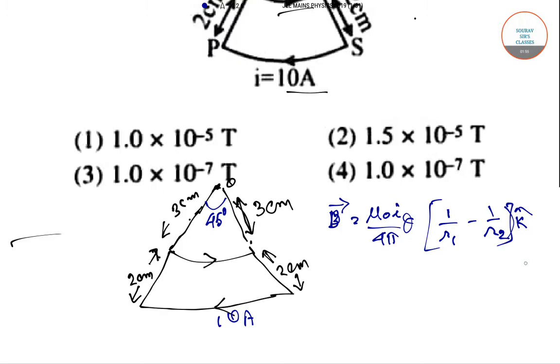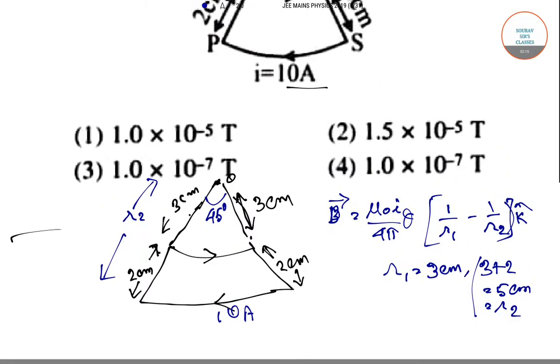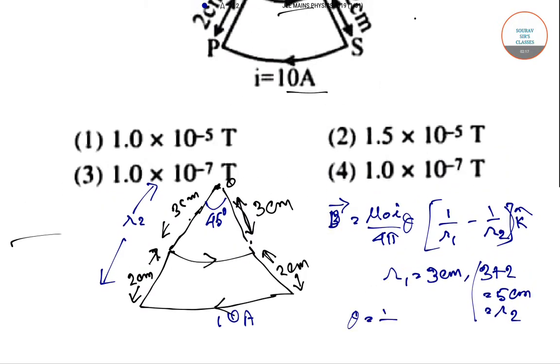Here R1 is equal to 3 centimeter, as given, and R2 is the total, 3 plus 2 equals 5 centimeter. So theta equals pi by 4 and I equals 10 ampere.